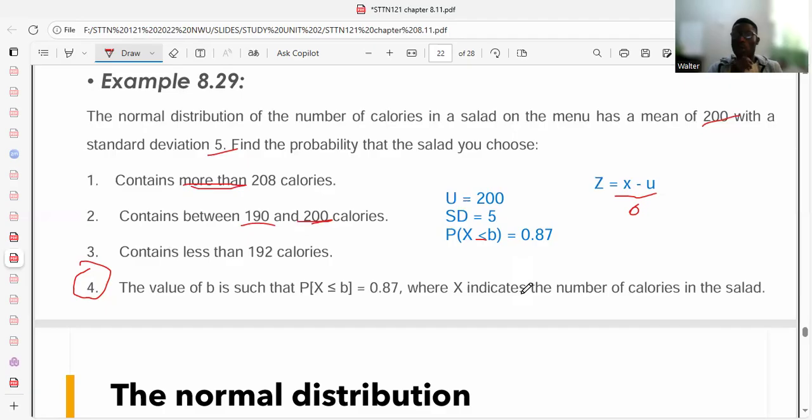When you check the probability values in the table, you will see a value like 0.8700, because it's going to be 4 digits. You're going to check where it corresponds with the z-value. The aim is for you to get a z-value using the probability that you are given.